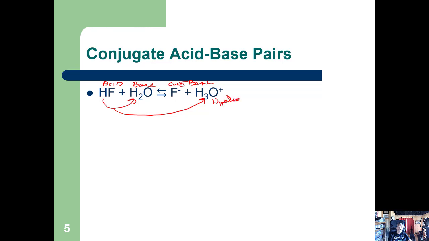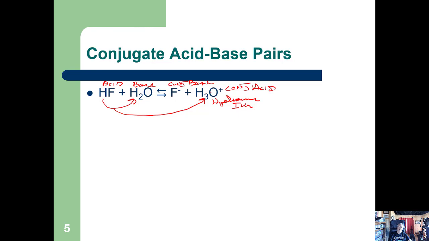And the hydronium ion is acting as the conjugate acid when water is acting as a base. So you'll notice that the conjugate acid hydronium ion and water have H2O in common.